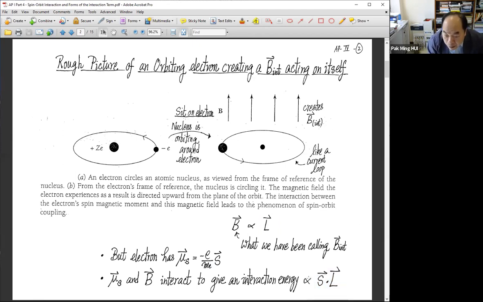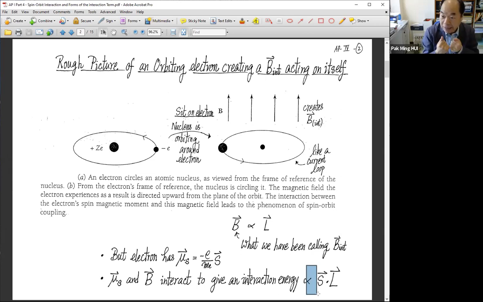Only that with this picture, we do not know what appears as the prefactor, what is in front. Nonetheless, at the end, even after a very serious derivation, it is S dot L. But we know what is in front is a very complicated factor, and that factor is also important to point out some physics.